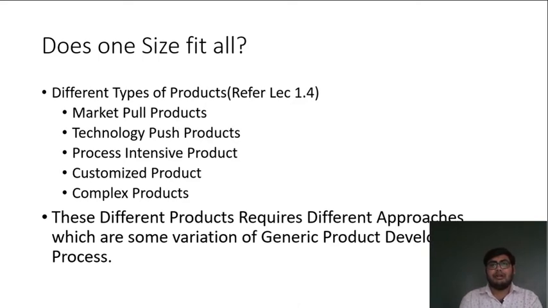So what should we change in generic product development process? We'll see one by one for all these products, and along the way you will see that all these processes are similar to our generic product development process. They are adaptations of generic product development processes.